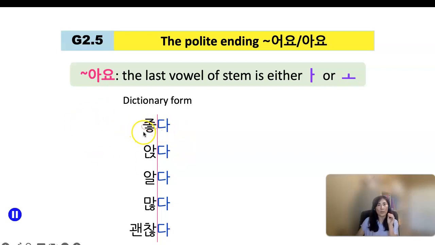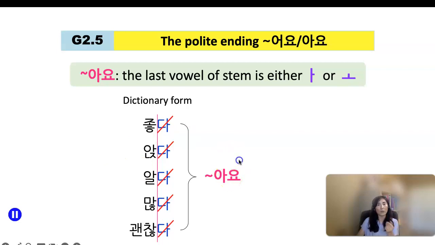Although it has only one syllable as a stem, 좋, with the O sound, and 알, with the A sound, and when you look at the last one, it's composed of two syllables in the stem, but you have to look at the second one, the last one. So all of them have a common feature: the last vowel of the stem is either 아 or 오. In that case, you just remove 다, the ending part, and attach 아요.